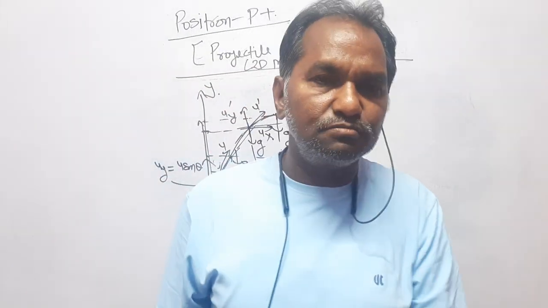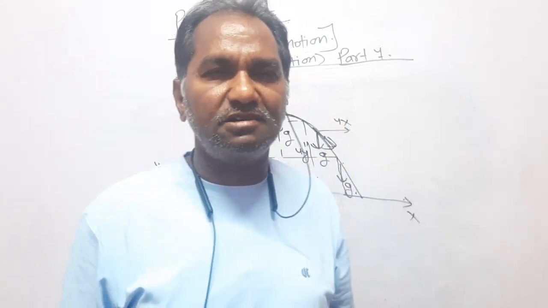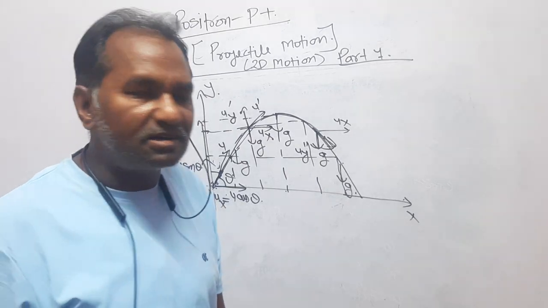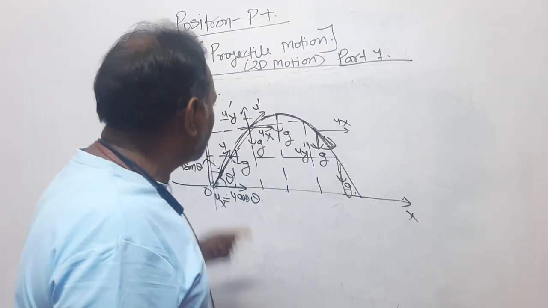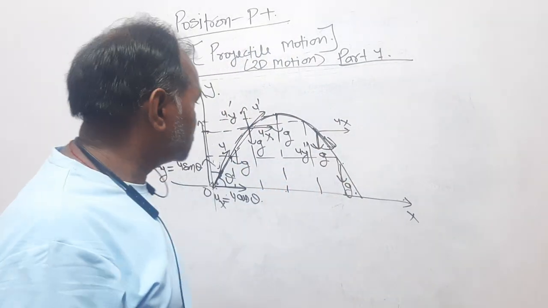Why? Because in the projectile motion there is no horizontal acceleration, and only one acceleration is acting, that is vertical acceleration acting vertically downward. So vertical velocity keeps changing, whereas horizontal velocity remains constant.